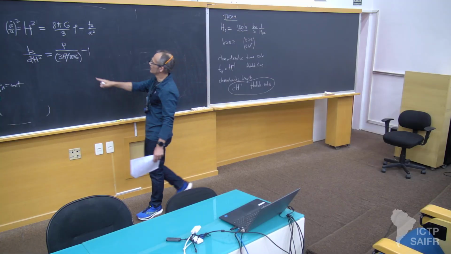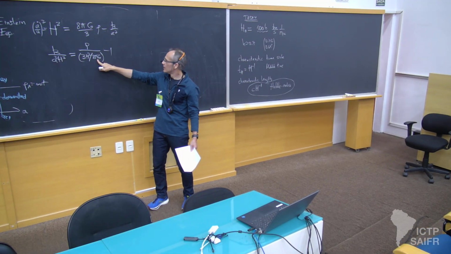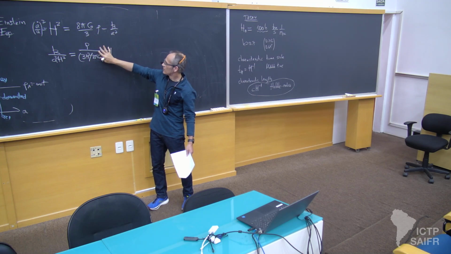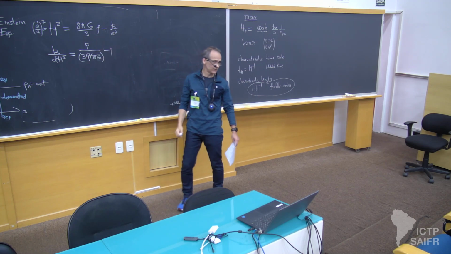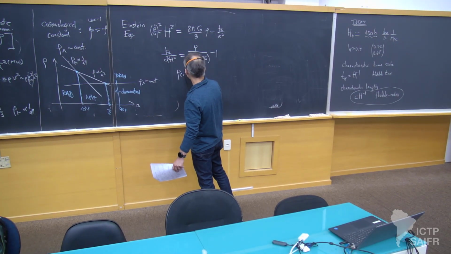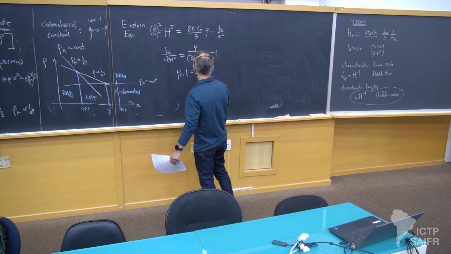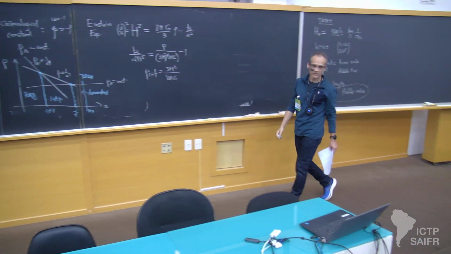And you can see that this quantity here is a characteristic density. When rho is equal to this, the right-hand side is 0, and we have a spatially flat universe. So this characteristic density is what we call the critical density. It's the density that you need to have to be spatially flat.